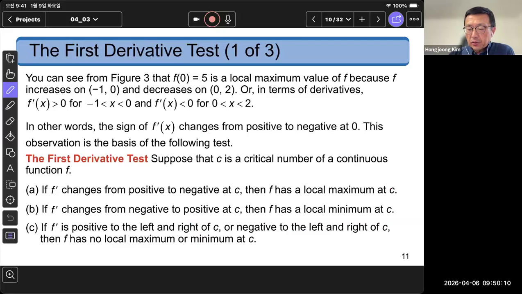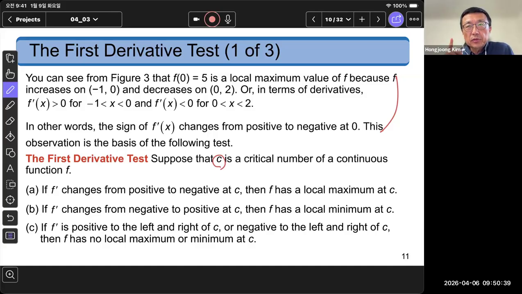So I already mentioned this part, and what does the first derivative test say? Suppose that C is a critical number. What was a critical number? A critical number is a point where f prime is 0 or f prime does not exist, right?